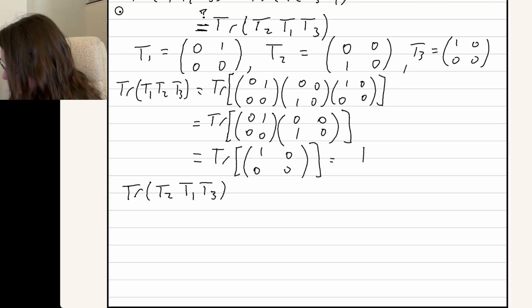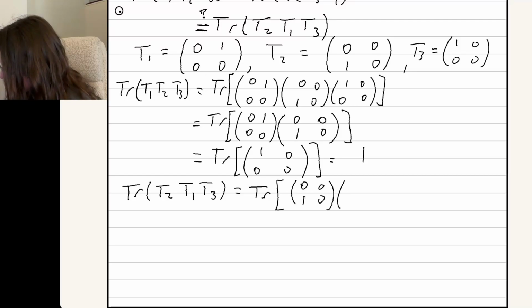Compare this to the other trace that we wanted to do, the trace of T2, T1, T3. We get that that's equal to the trace of, in square brackets, 0, 1, 0, 0, times 0, 0, 1, 0, times 1, 0, 0, 0.